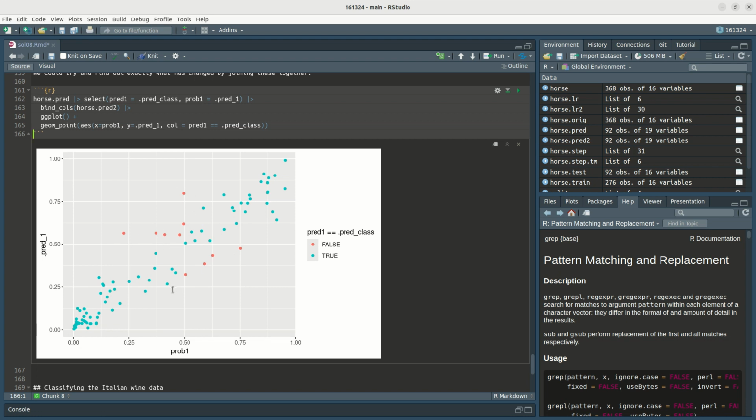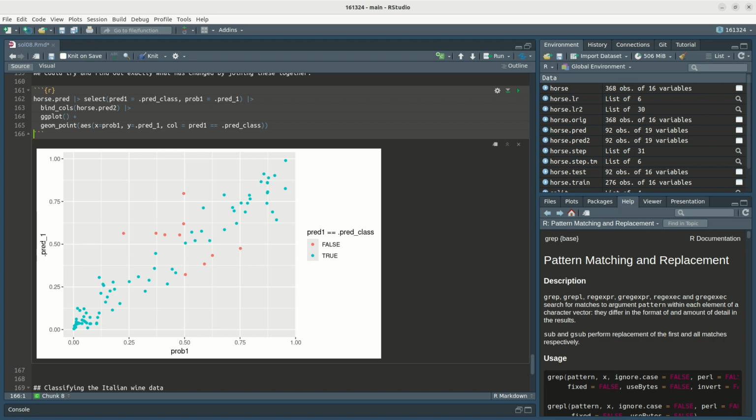Okay, and so you can see that the red points are essentially around about the probability 0.5, right? If prob1 is bigger than 0.5, then we're predicting death. So for all of these red observations here, we're predicting death with prob1, which was the first model, but we're predicting they survive in the second model.